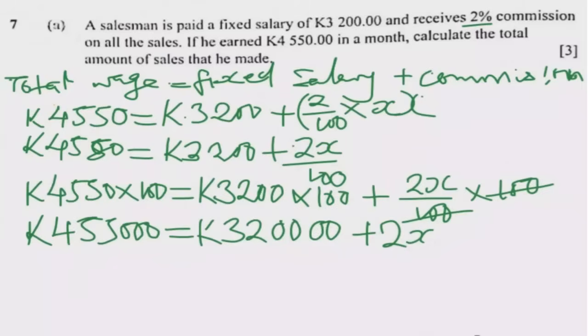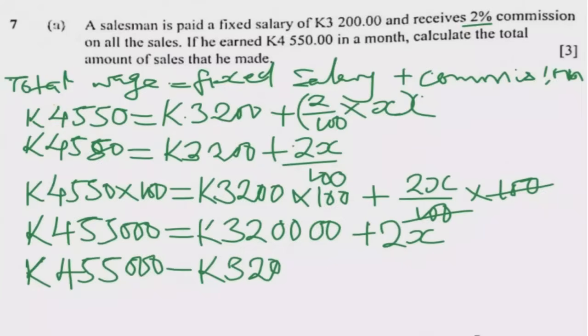2x. Then what you can do now is put like terms together. So we have 455,000, then we cross the equal sign and it becomes minus 320,000, is equal to 2x.